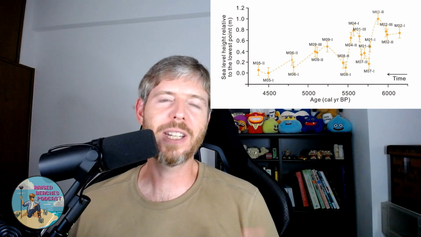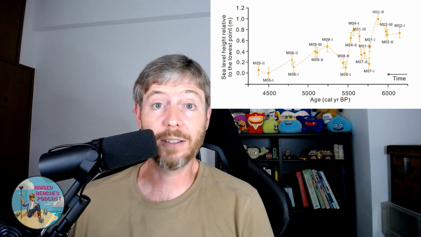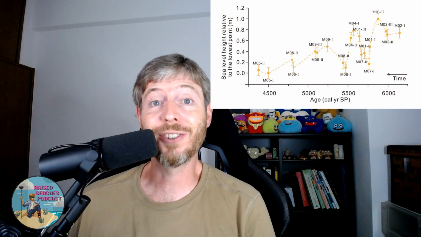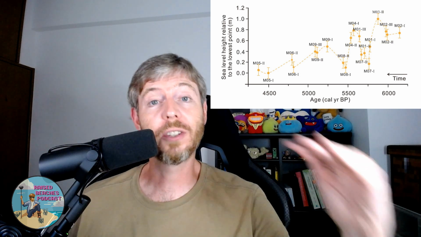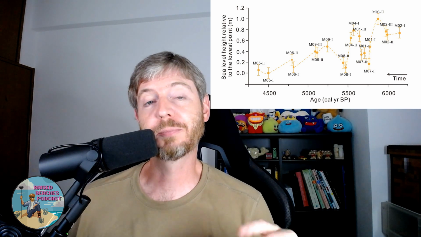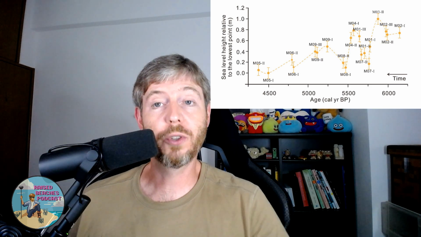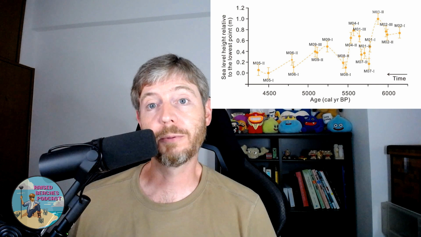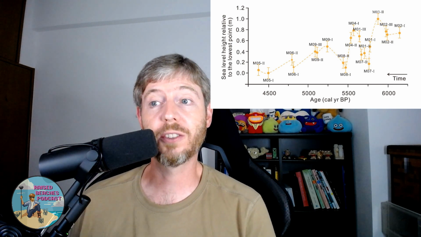They didn't explicitly say this, but this is probably an effect of this ocean siphoning effect that I mentioned in episode 1. But on top of this general decline in sea level, there were fluctuations on the order of 50 centimeters of sea level changes detected in these microatoll records.